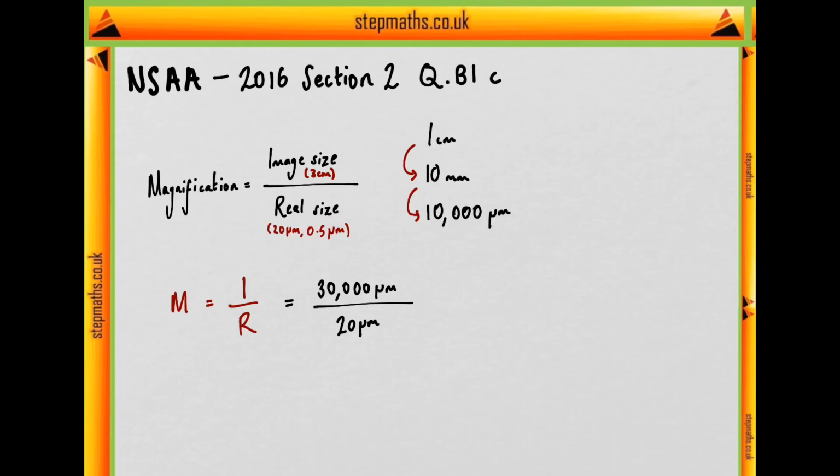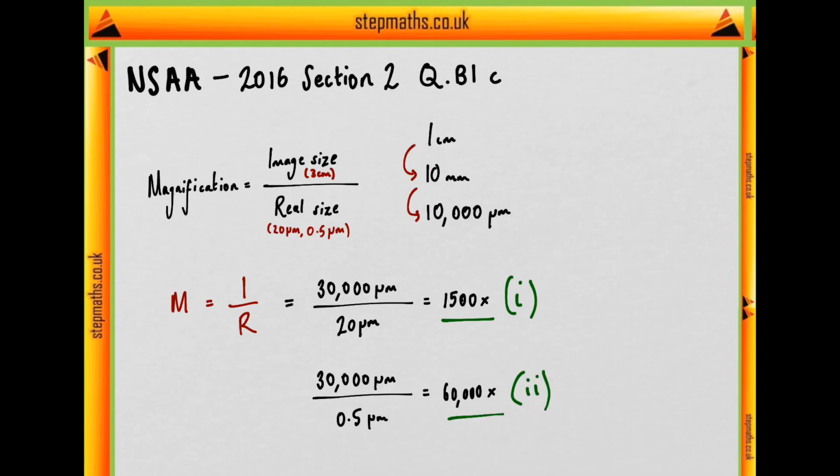Let's start with 20. Over 20 micrometers we have 1500 as our magnification, and we'll do the same for our 0.5 micrometers, and we'll have 60,000 as our magnification. So our answer to part 1 is that we have a 1500 magnification and also a 60,000 magnification to see figure 2, which was a bacterium, which is much smaller than a eukaryotic cell, which was figure 1.